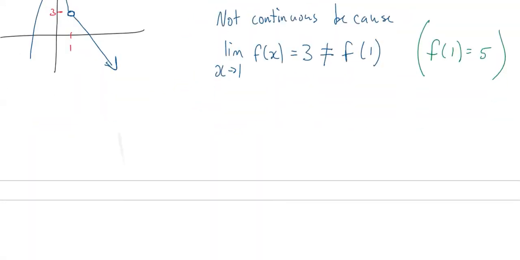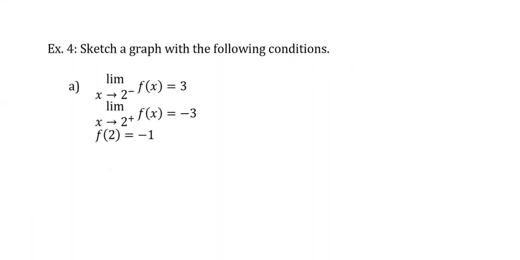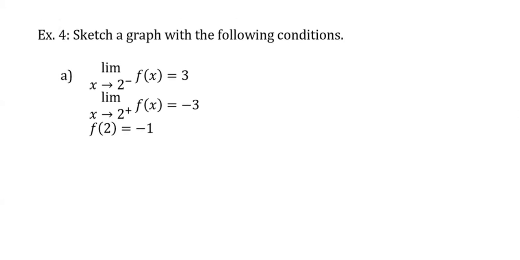Okay, last thing we're going to do, I'm going to get you to try this on your own, and then we'll take it up. And that is to sketch a graph with the following conditions. If you're ever asked to sketch a graph with certain conditions, what happens in the rest of the graph, we don't know. So you make it up.